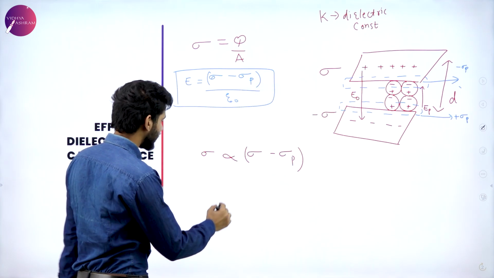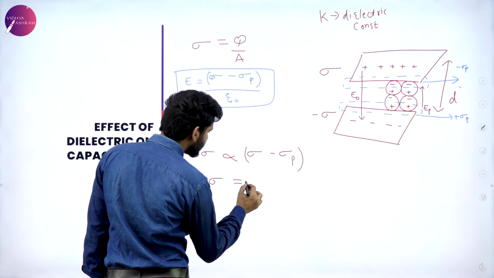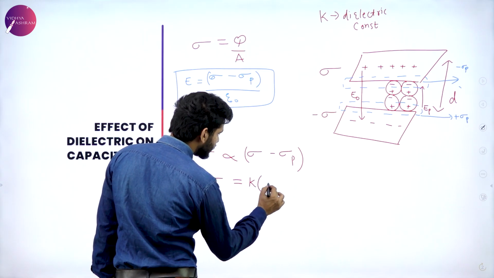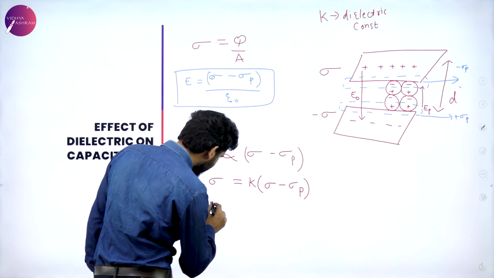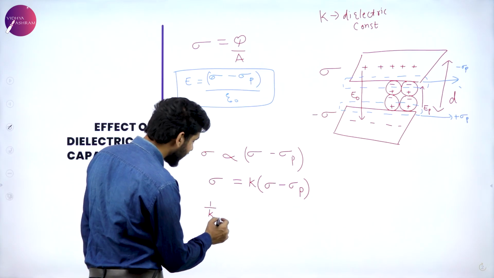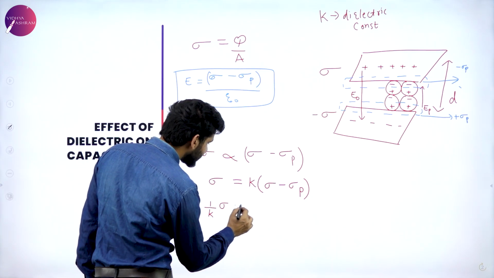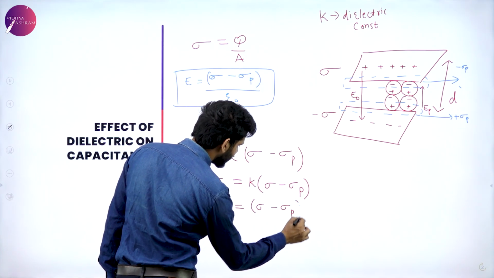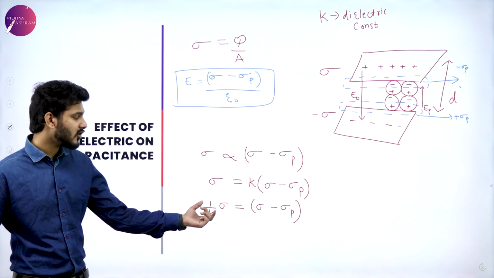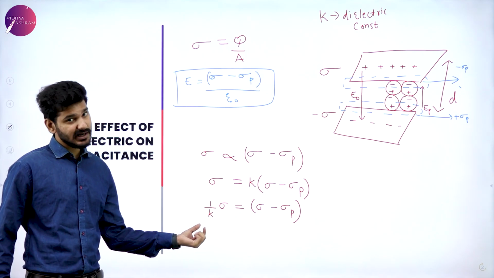So now we can write sigma is equal to K into sigma minus sigma p, or we can write it as 1 by K into sigma is equal to sigma minus sigma p. Now we have an equation for sigma and the dielectric constant.